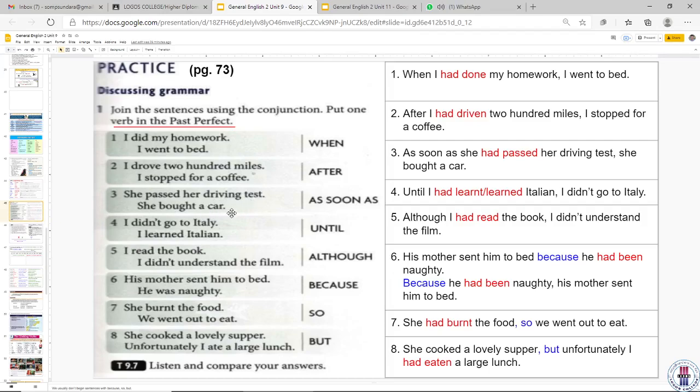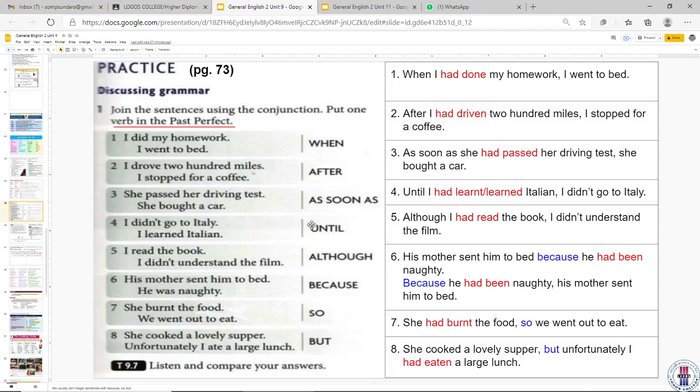She bought a car. So what happened first? Right. Did she buy the car or she passed her test? So she had to pass her test first, and then she went to buy a car. So you say, as soon as she had passed her driving test, she bought a car.